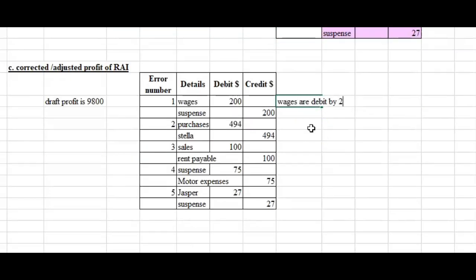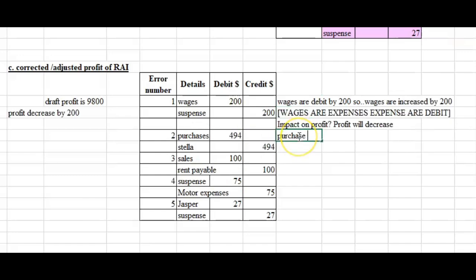In the first error, wages were debited by $200. Since wages is a debit account, this represents an increase in wages expense. When expenses increase, profit decreases because expenses and profit are negatively related. Therefore, profit decreases by $200. In the next error, purchases were debited by $494.